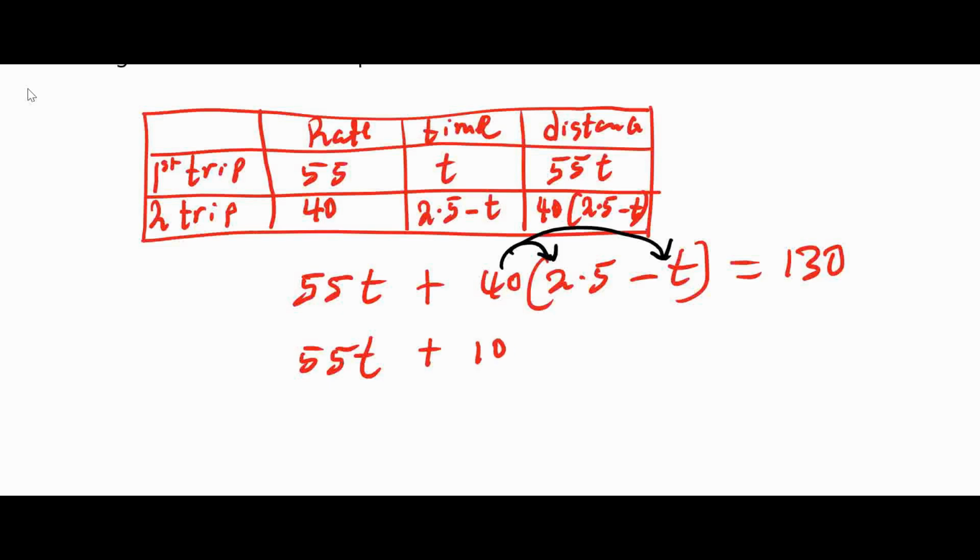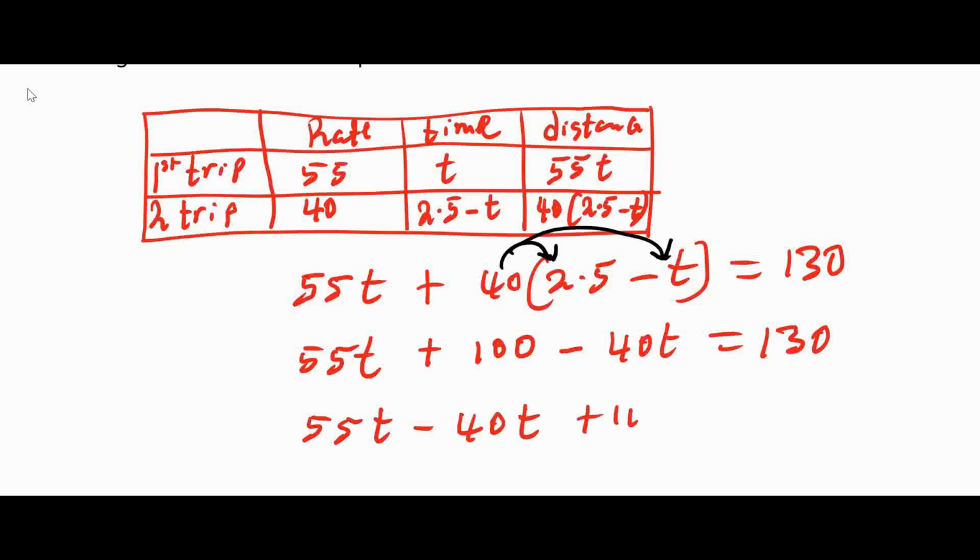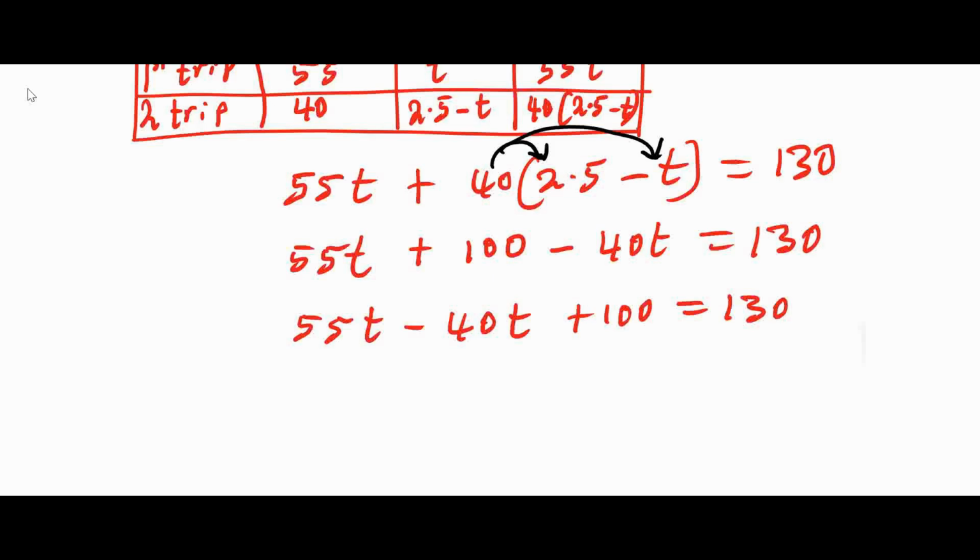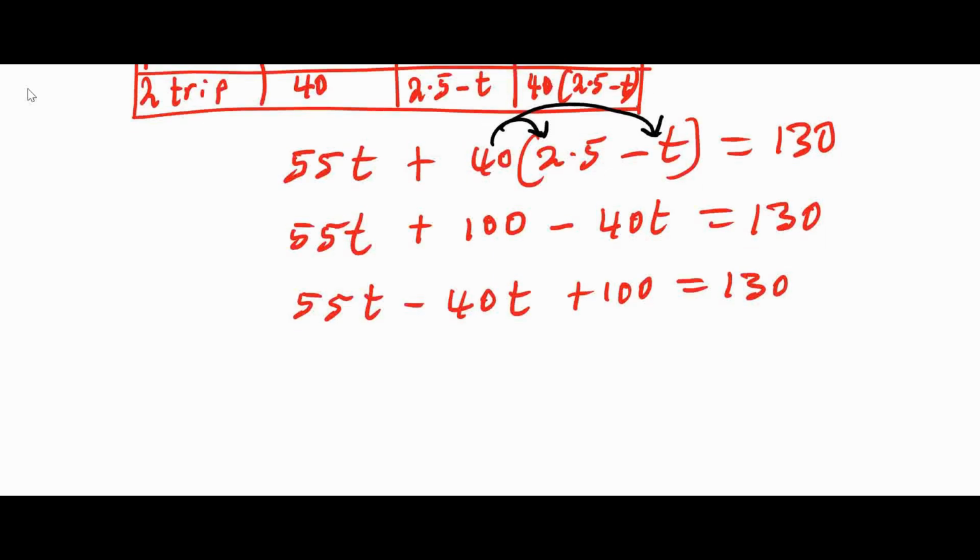So we have 100 minus 40t equals 130. If we combine like terms, this will become 55t minus 40t plus 100 equals 130. So 55t minus 40t will be 15t plus 100, and this equals 130.